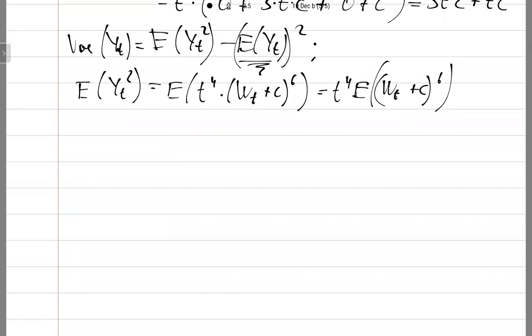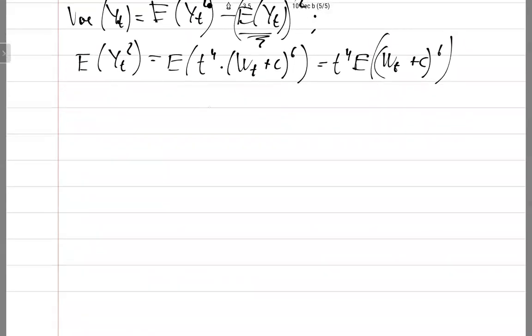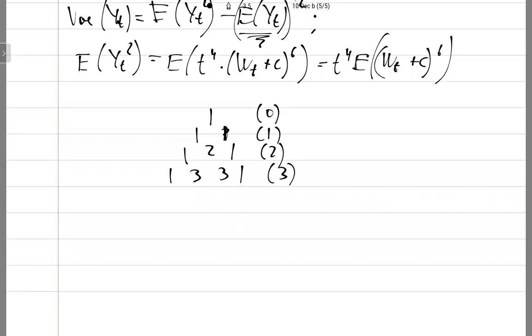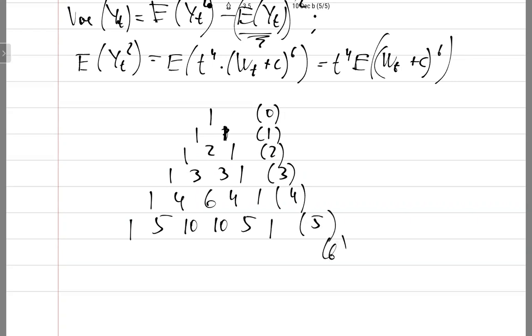So let's write Pascal's triangle: 1; 1, 1; 1, 2, 1; power 3 is 1, 3, 3, 1; power 4 is 1, 4, 6, 4, 1; power 5 is 1, 5, 10, 10, 5, 1; and 1, 6, 15, 20, 15, 6, 1.